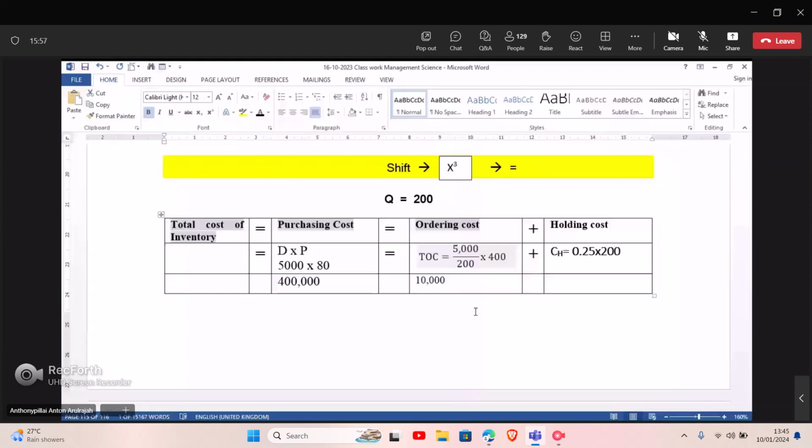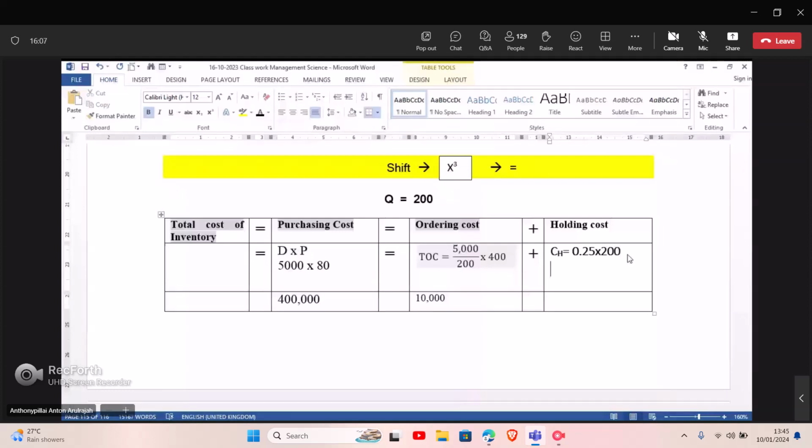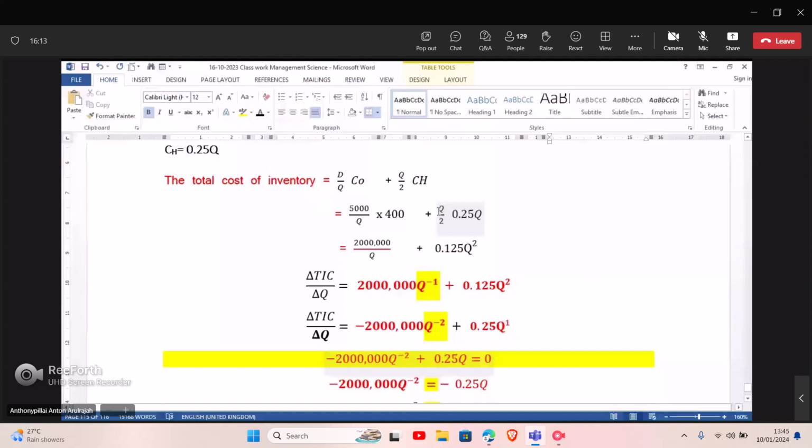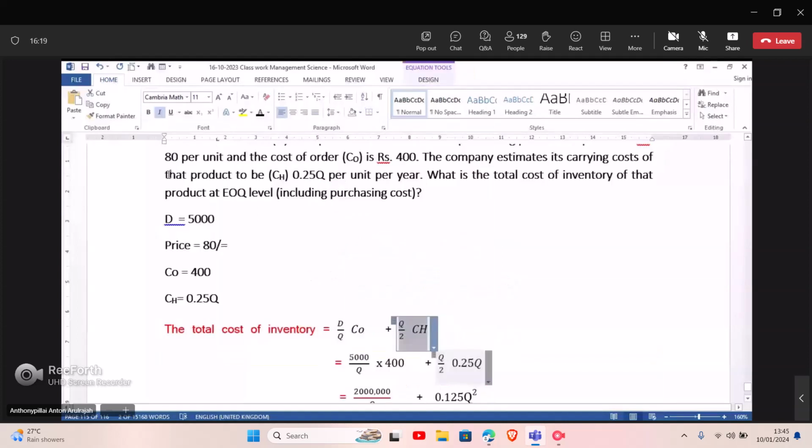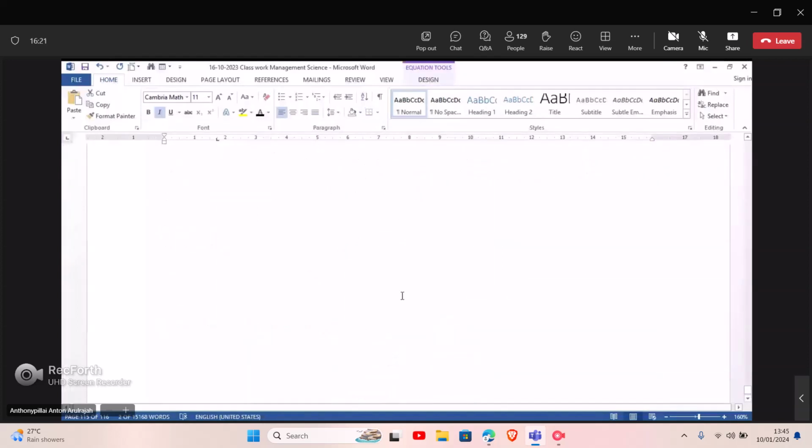And after getting the 50, CH is 50. Then apply the equation to the CH.